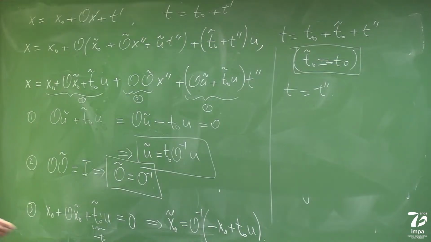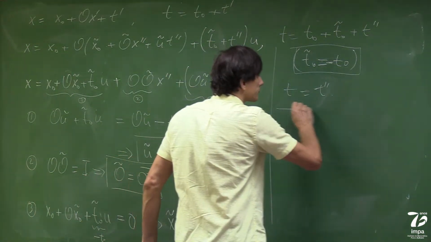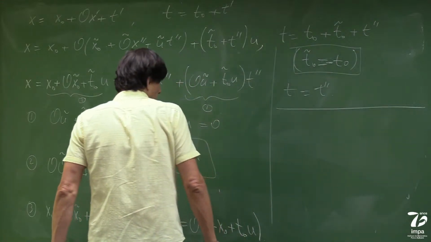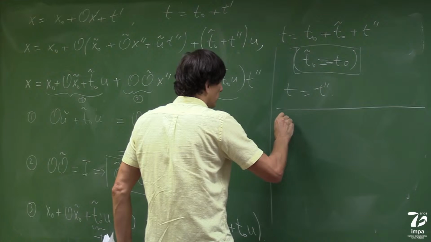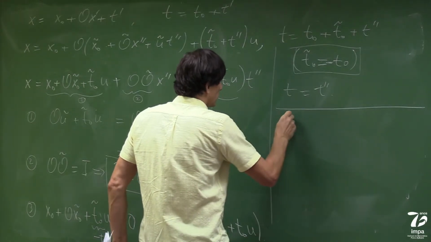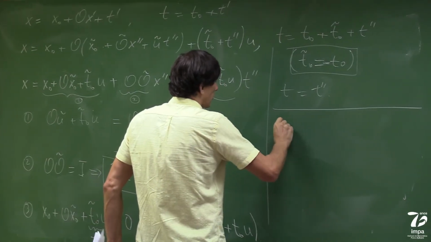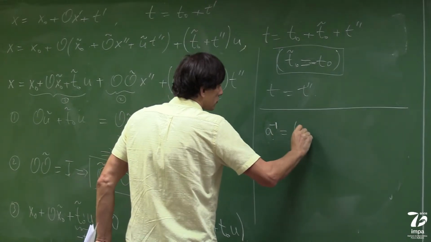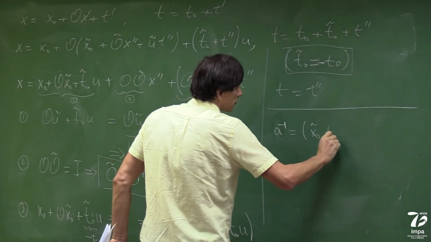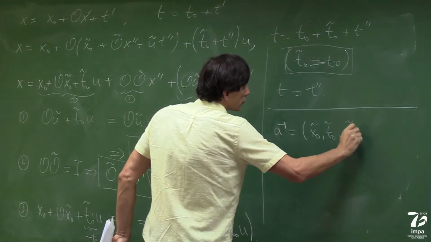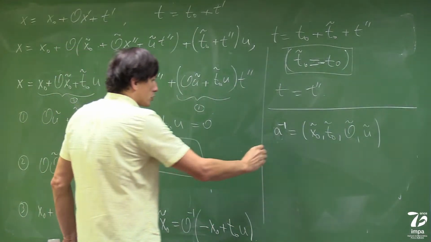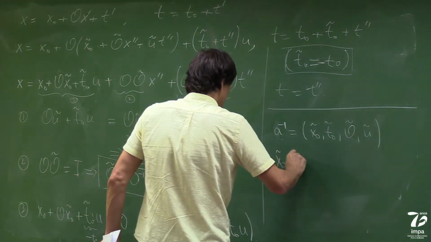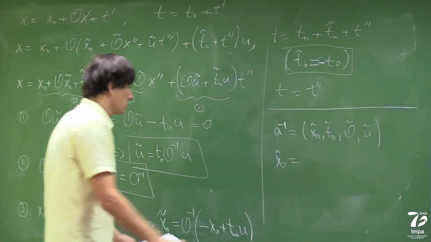Okay, so I'll just summarize that the inverse element, which is composed by this transformation, is just what? X0 tilde is this.